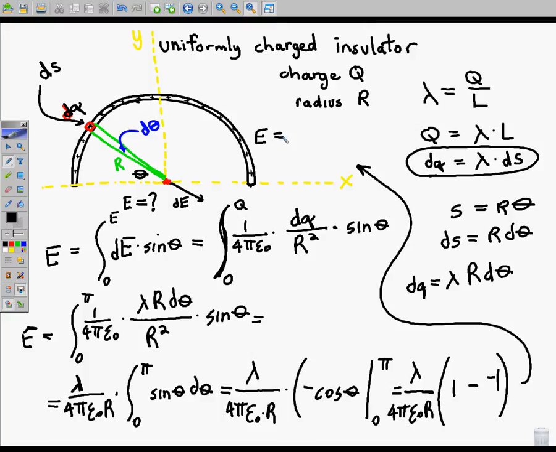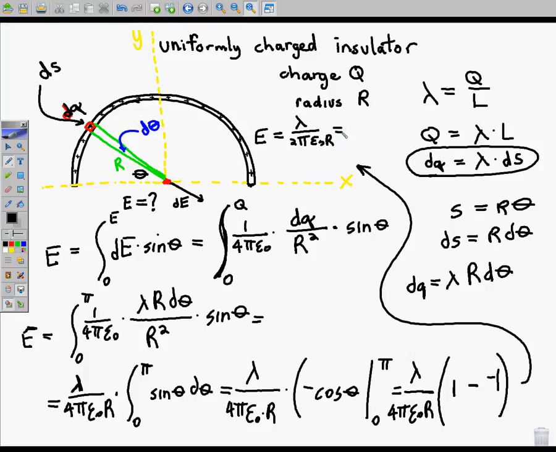We can put in this here. So this is lambda, but what do we know lambda is? I better just write it out. Lambda over 2 pi epsilon 0 times r.